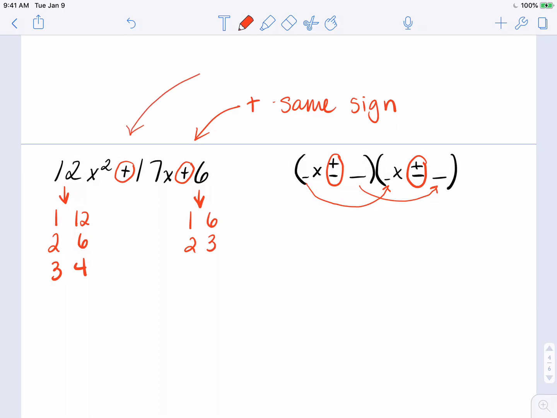And this one, if it's the same sign, this one tells you which sign it is.